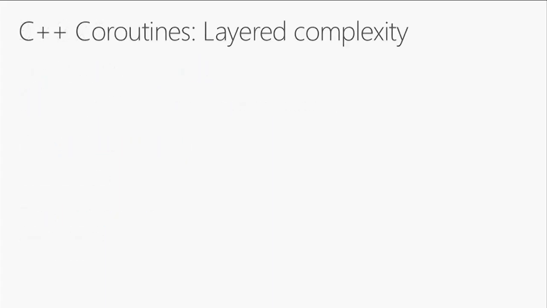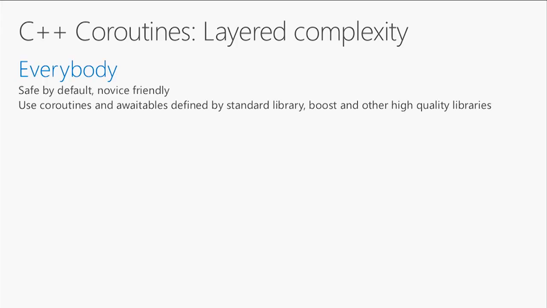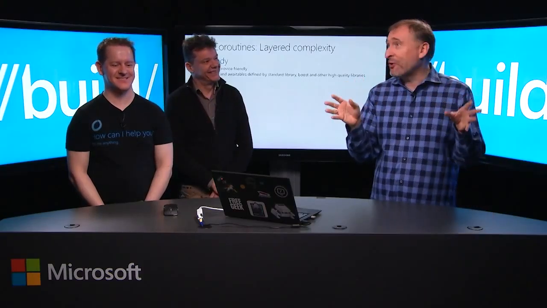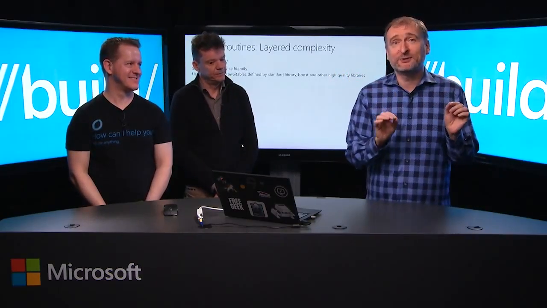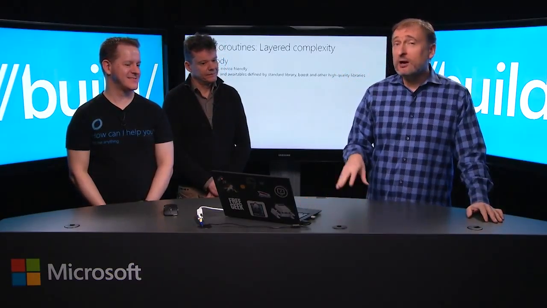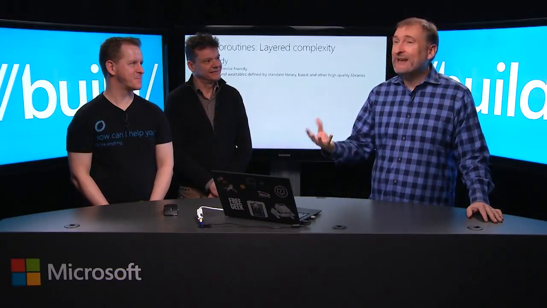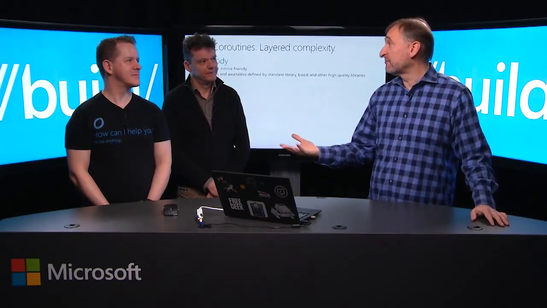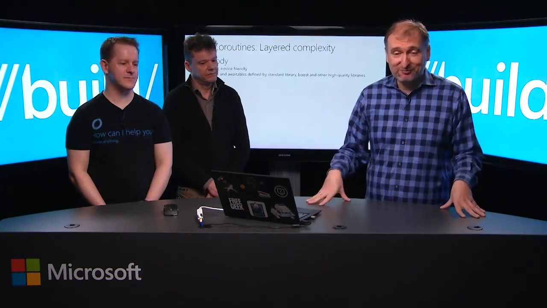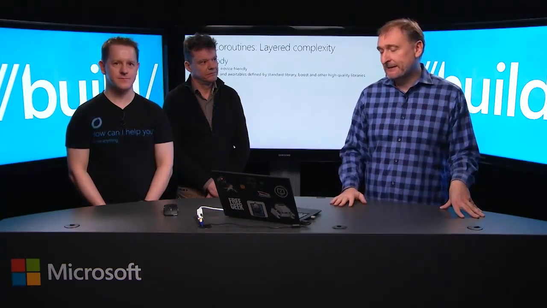It's how the compiler can discover the machinery which describes the semantic of the coroutine. But if it sounds somewhat complicated, don't worry, because coroutines have layered complexity. And most of the time, most of the people, like us, will be using just the syntax we showed, nice and friendly, like in other languages with co_await. If you rely on coroutines and await adapters written by others, just use them as if you are in other languages which have those facilities.